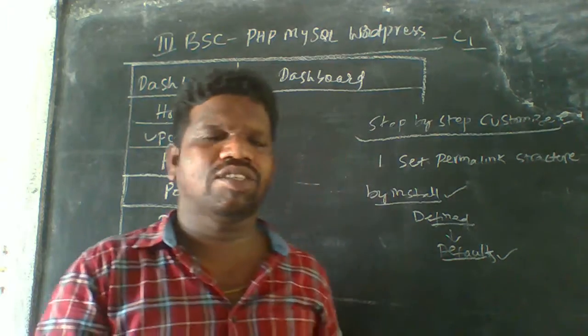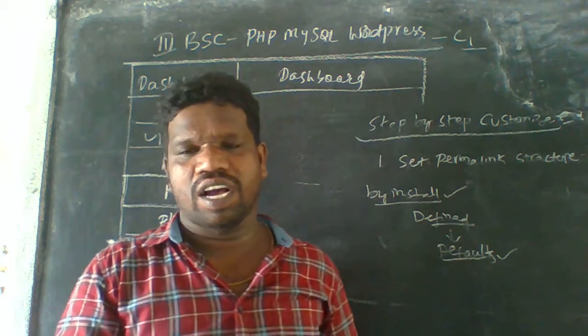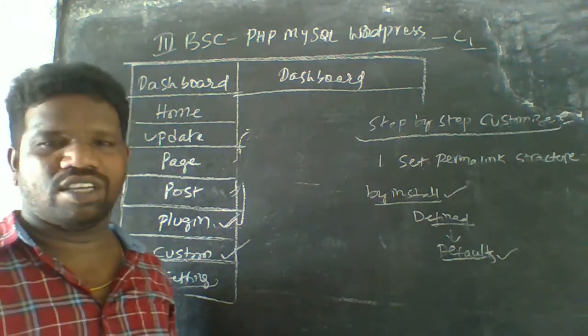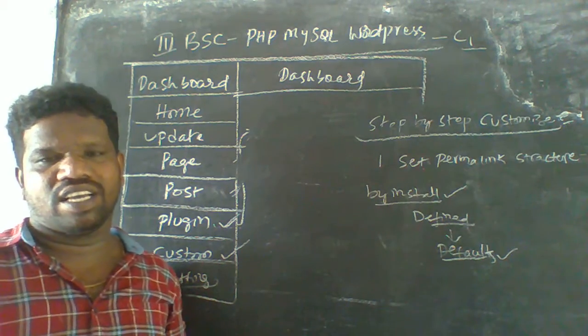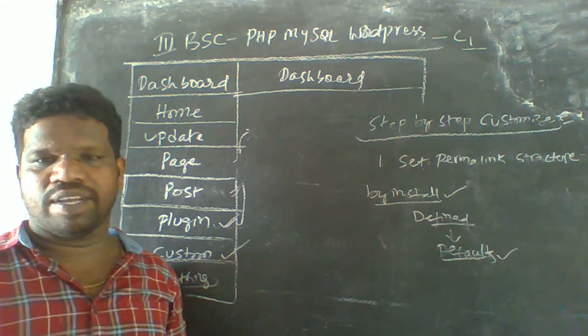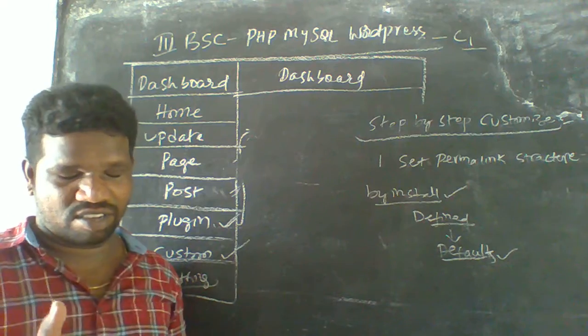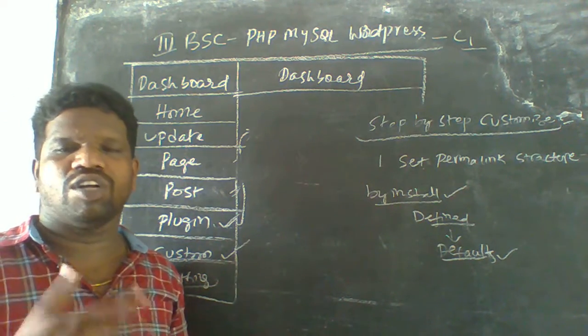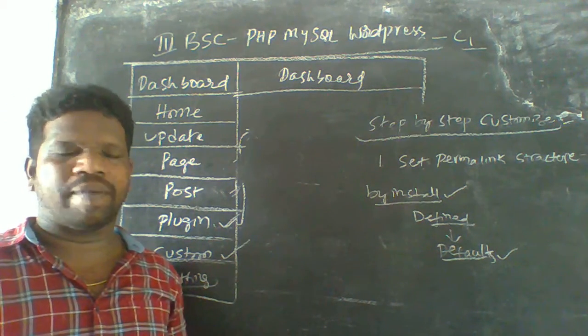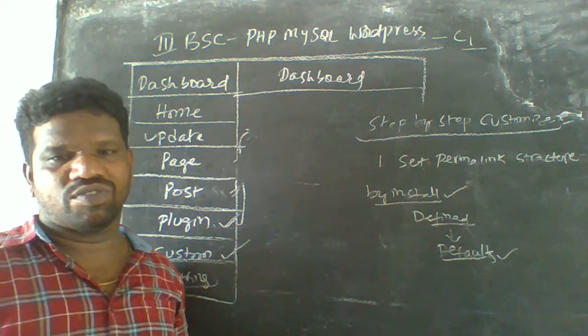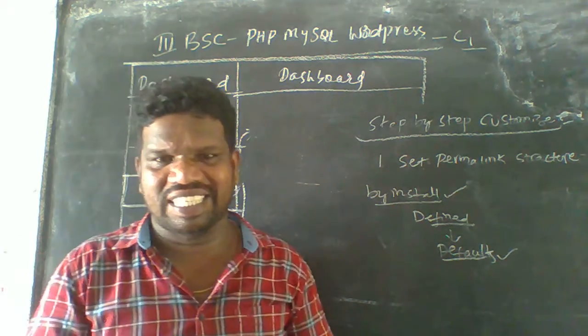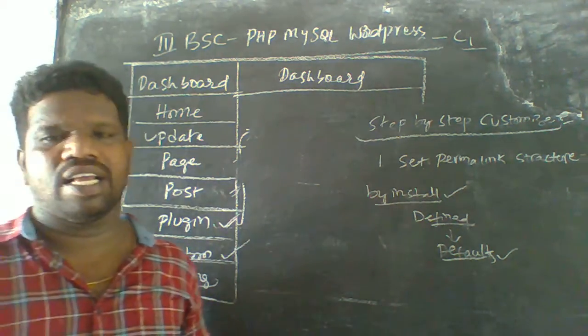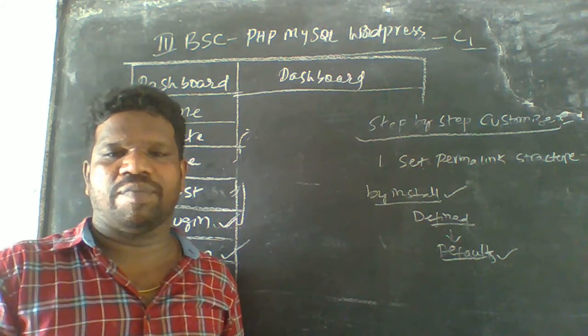WordPress comes with the default permalink structure out of the box, and it's not the most optimized one, which is why we should fix it right upon making your site available to the world.